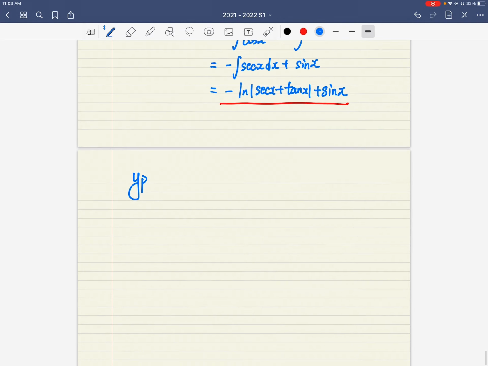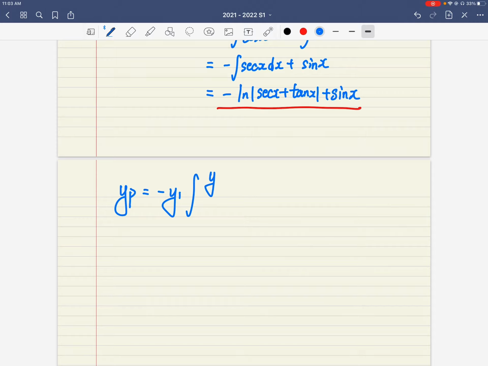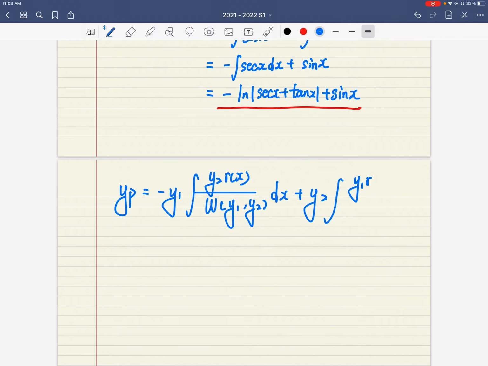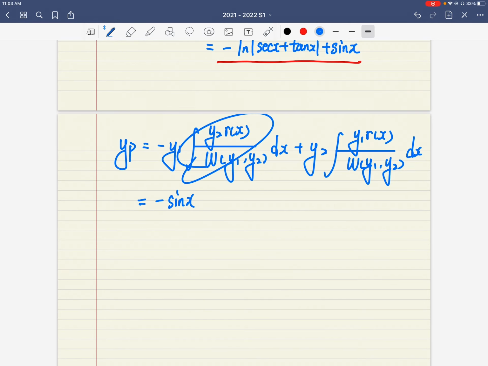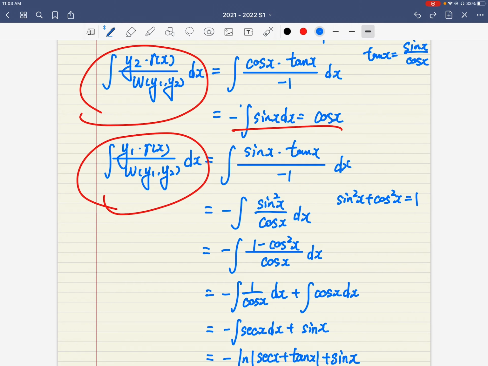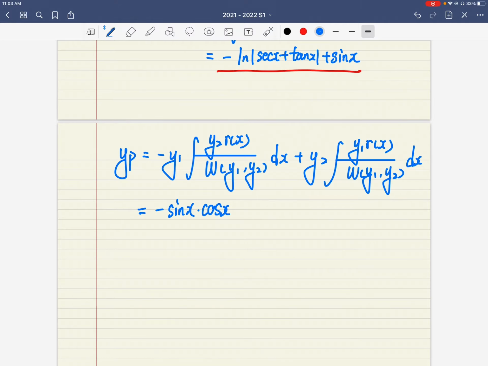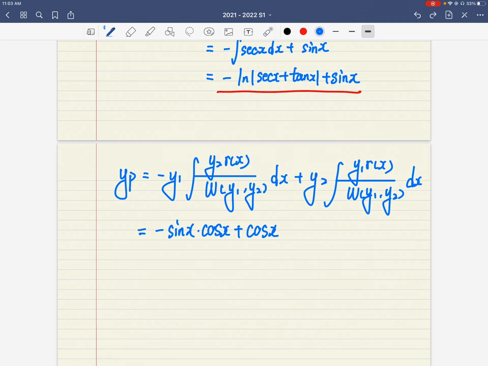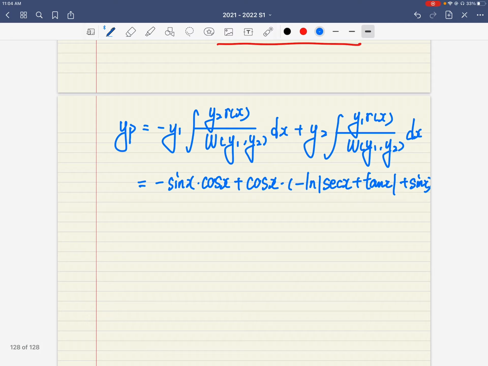The formula for yp is negative y1 times the first integration we just calculated, plus y2 times the second integration we just calculated. y1 is sine x, and the first integration we calculated is cosine x, so sine x cosine x. y2 is cosine x, and the second integral is negative ln of secant plus tangent, plus sine. I don't want to simplify this, I'll just leave it like this.